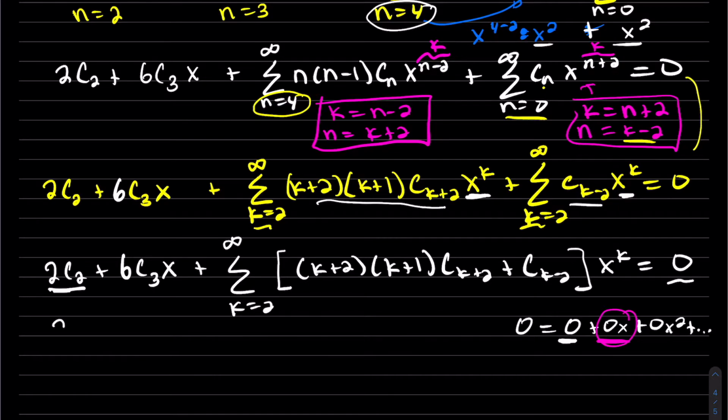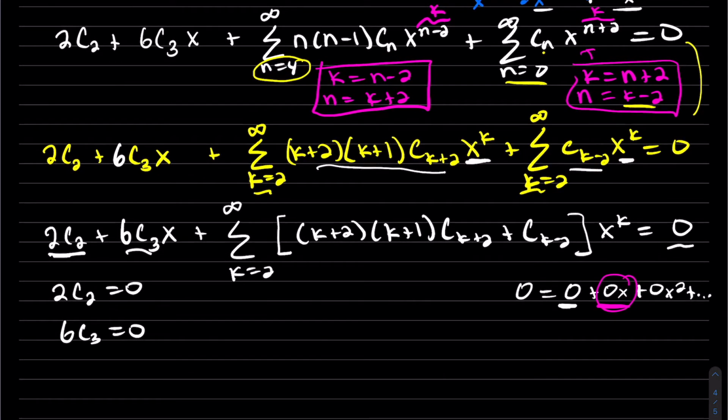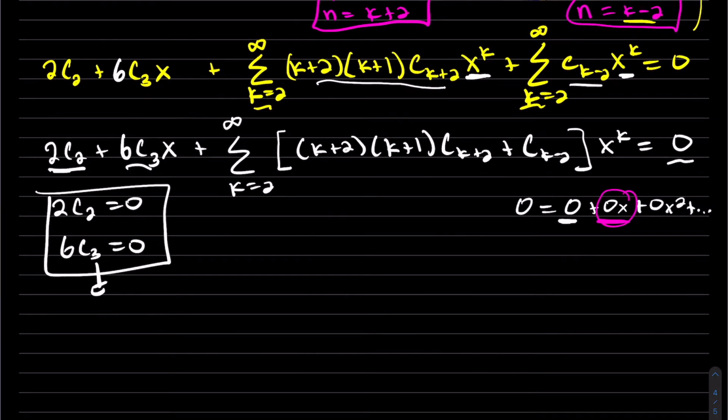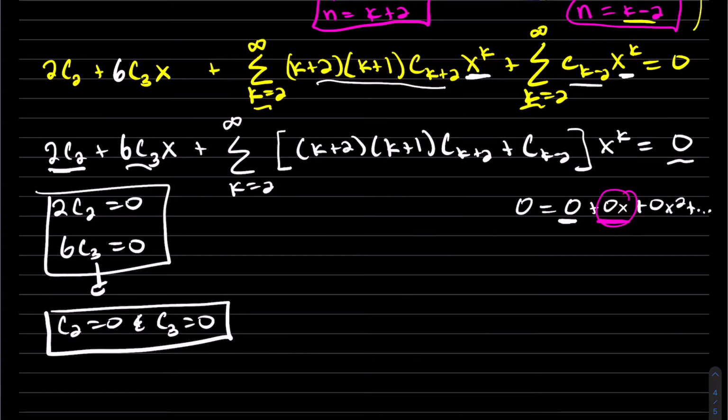So my constant is 0, and my coefficient in front of the x term is also 0. Divide by 2, you get c2 equals 0, and c3 equals 0. That's from equating coefficients.